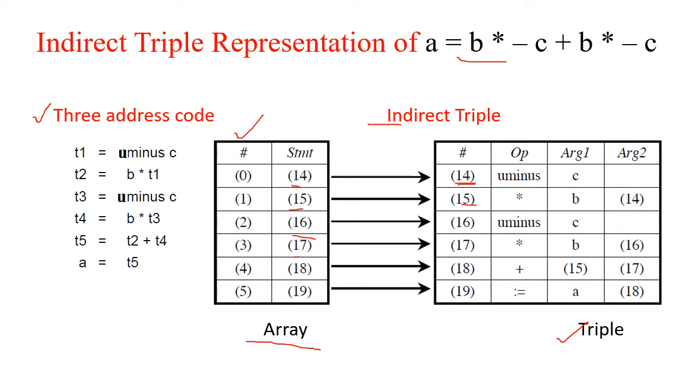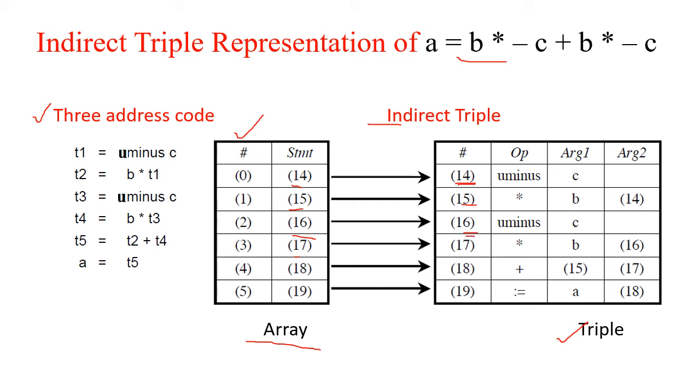Let's see the advantages of this indirect triple method. It has some advantages over the triple method. In triple, we couldn't reorder instructions. Here, we can reorder instructions in such a way that it doesn't affect the overall execution sequence. The instruction at memory location 14 and the instruction at memory location 16 are independent.